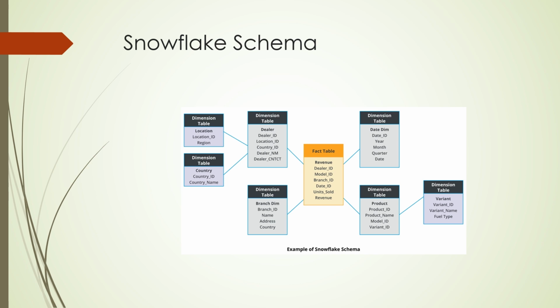Then here it creates a normalized dimension table. So the normalized schema reduces the required disk space for running and managing its data warehouse. So the snowflake schema offers an easy way to implement this dimension.